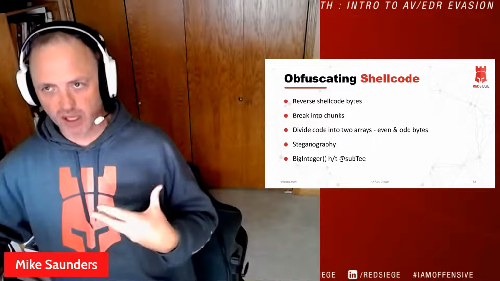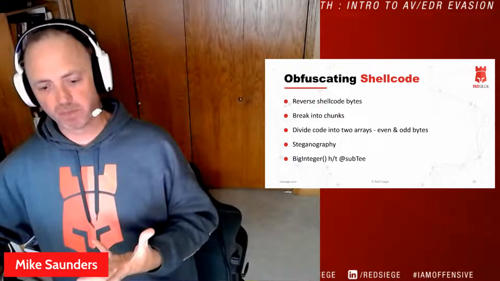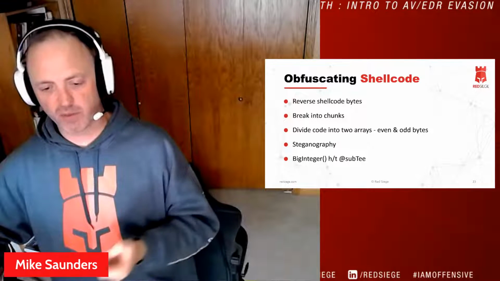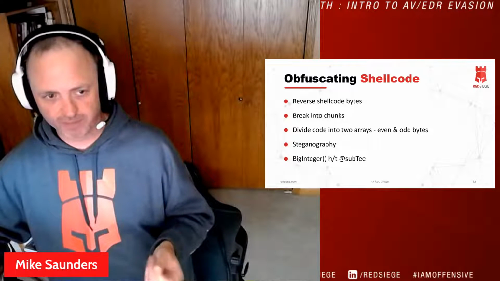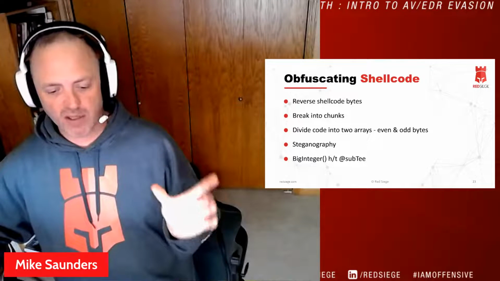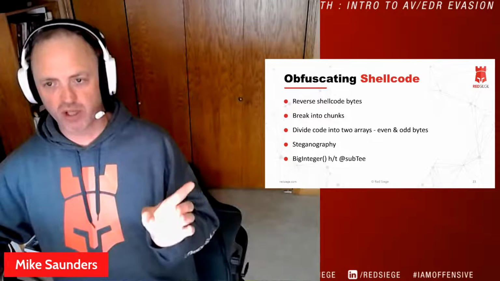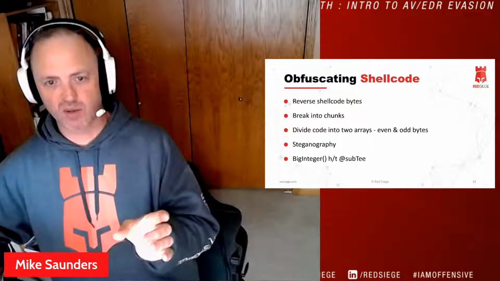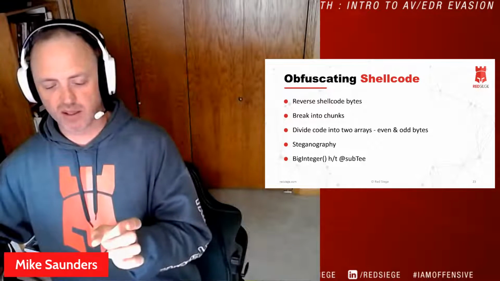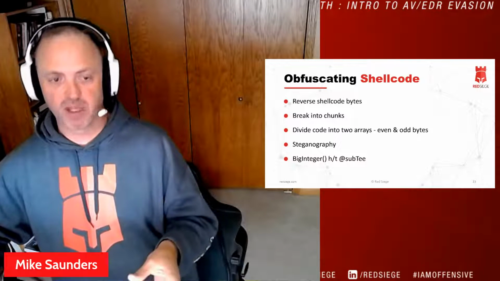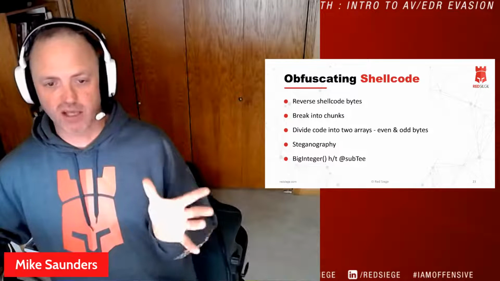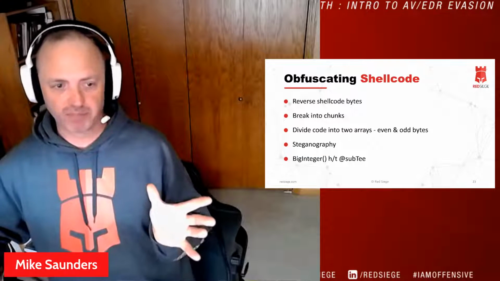Their loaders that are built into the shellcode are going to have specific bytes that are signatured, no matter what else about the payload has changed. And trying to break up your shellcode into chunks so that those specific bytes aren't next to each other can be done, but it's really cumbersome. And I would encourage you just not to go down that route of pain.